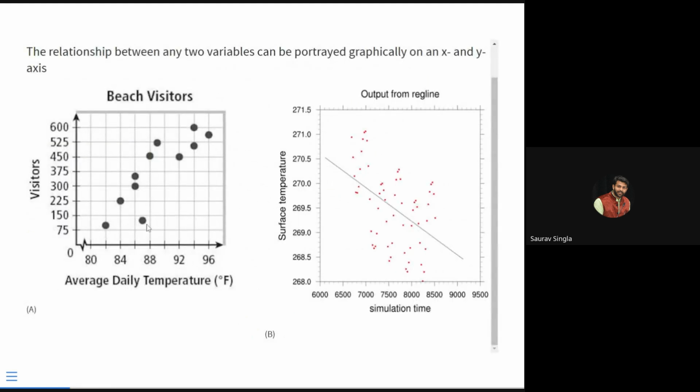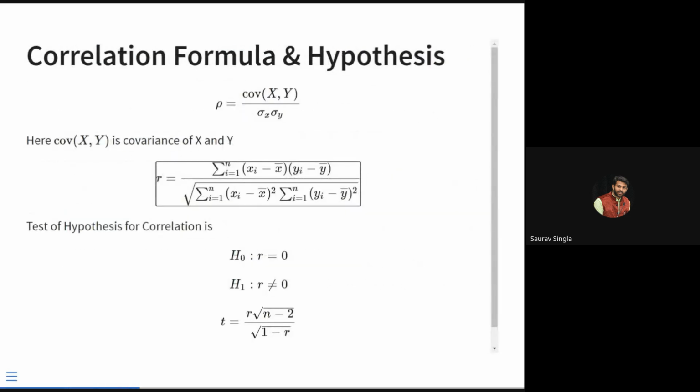Coupled values means here you have a value 82, 90, meaning x value is 82, y value is 90. Here x value is 84, y value is 225. Here x value is 86 and y value is 300. So we have pairs of values xi, yi.